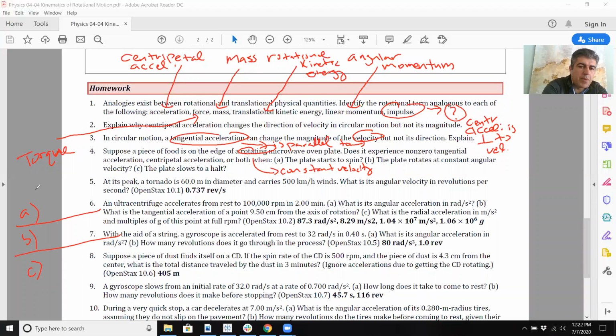We'll make a little table. AC for centripetal acceleration, AT for tangential. So in spinning, definitely it's a non-zero. But your tangential acceleration will be 0. Oh, sorry, when it starts to spin. My bad.